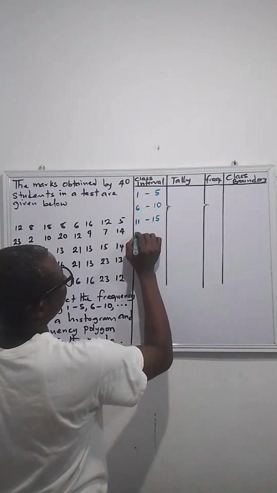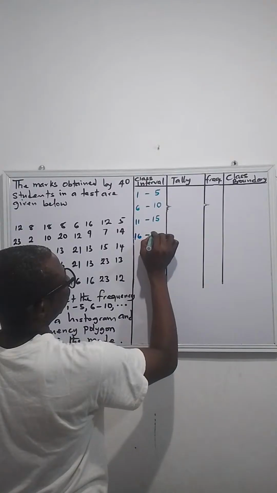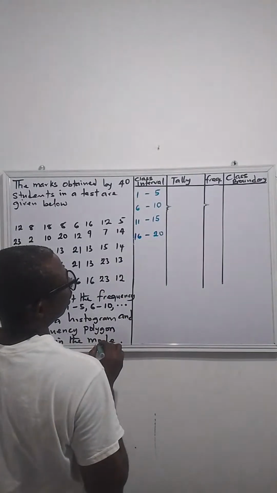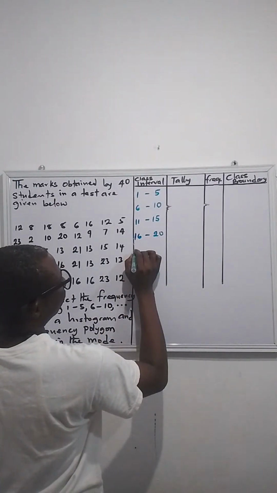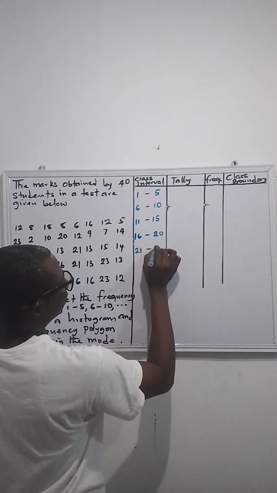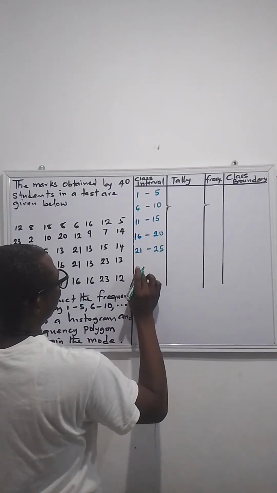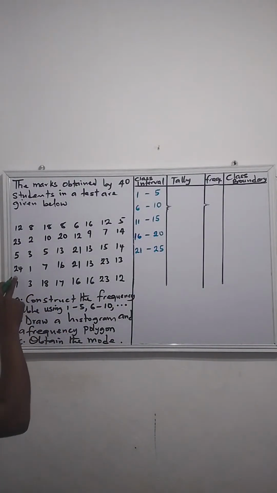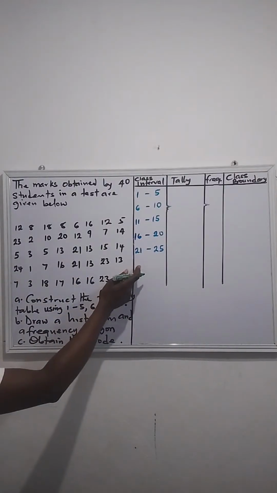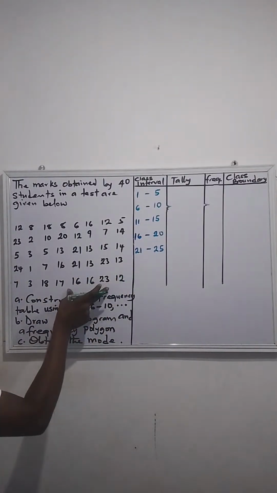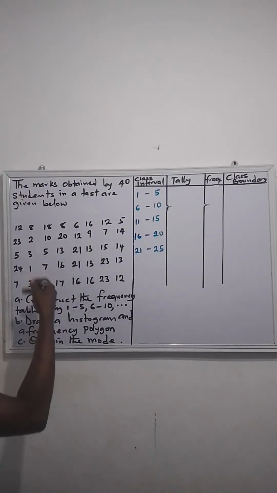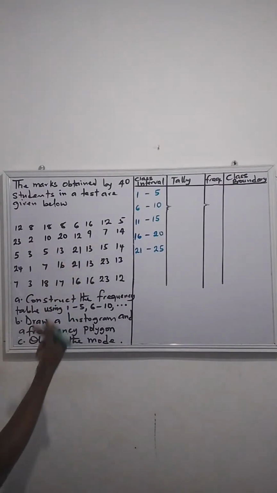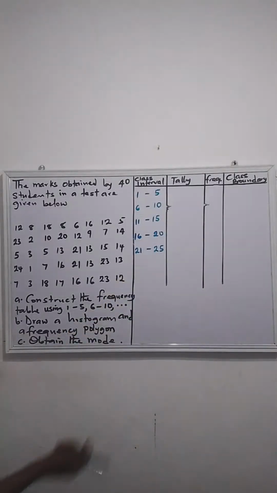So we have 16 to 20, then 21 to 25. Looking at what we have here, I think the maximum is 24. If I go on with 26 to 30, there is no number that will fit that interval. So I just have to stop here.